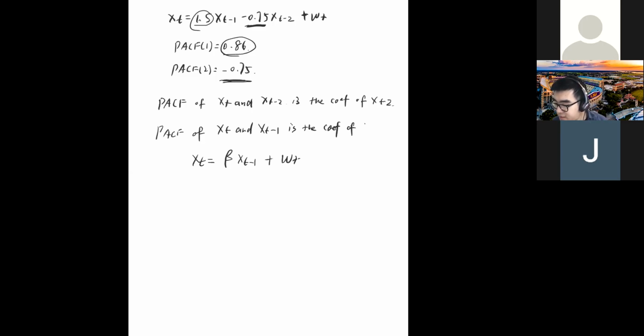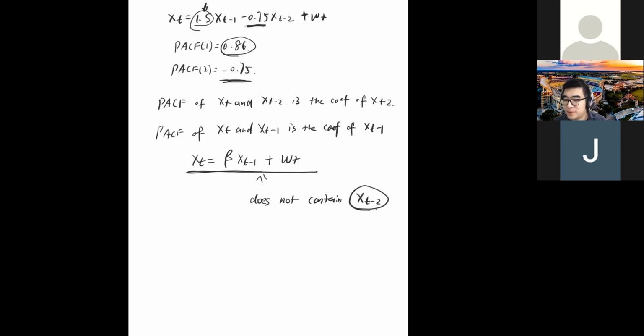This regression model does not contain xt minus 2. So if you want to find the PACF1, you just run the regression of xt on xt minus 1. The coefficient in front of xt minus 1 is your PACF1. This 1.5 is not your PACF1, because it conditions on xt minus 2, but that's not the thing we want.